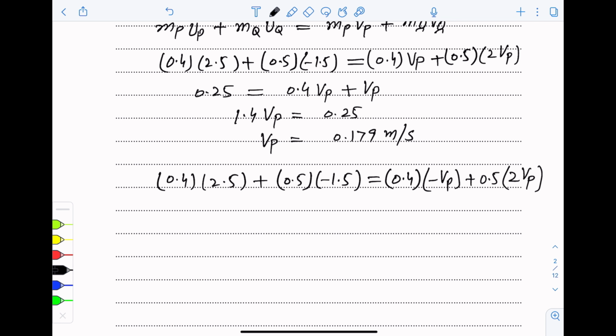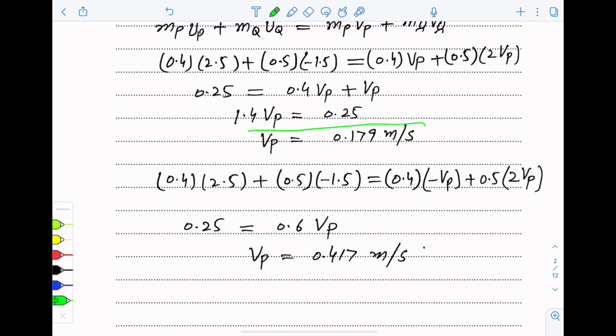So after calculating we will get 0.25 is equal to 0.6 Vp. From here Vp will be equal to 0.417 meter per second. So these are two possible values of particle P after the collision.